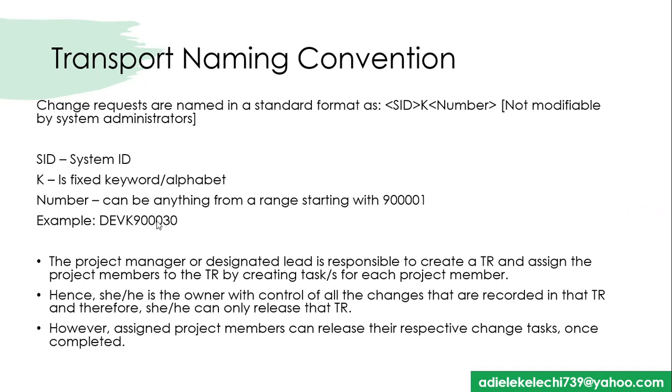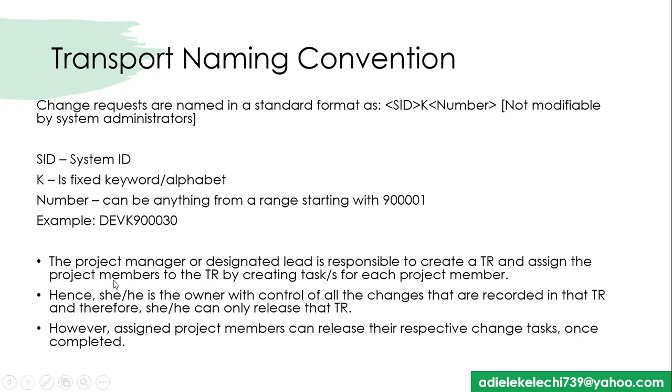And the last 6 digits would be a range generated internally by the system. The basis team and the ABAP team understand more about the outcome of this naming convention, but ours is to look at it and understand what the idea is about.